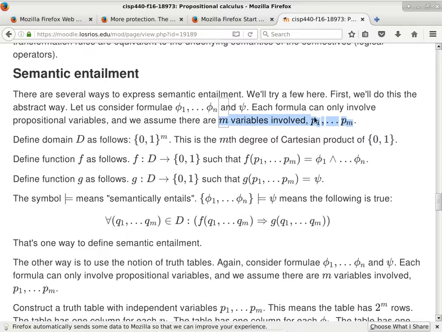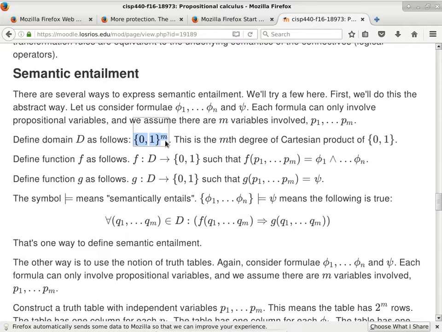And then the next thing we do is we define a domain that is just true-false, but it is the m-th degree Cartesian product of true-false. So we just basically go, okay, 0, 1 as a set cross with 0, 1 as a set cross with 0, 1 as a set m times. Are we doing okay so far with all of that stuff here?